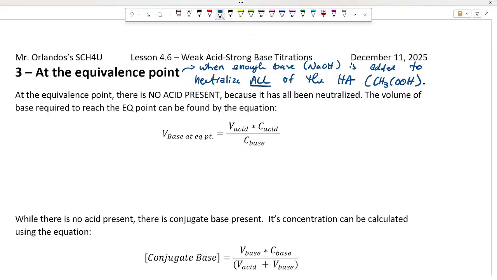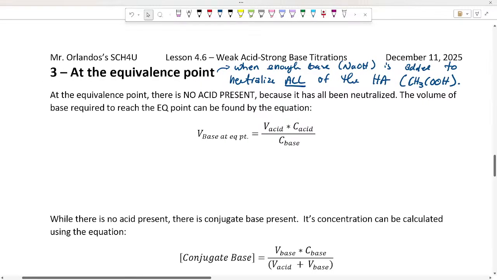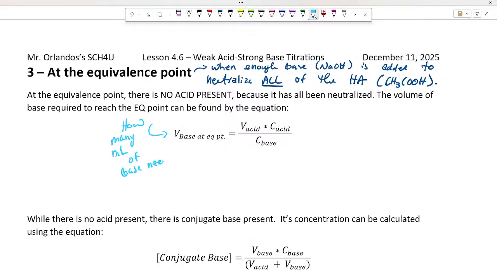So we're going to take the concentration of CH3COOH right down to 0. Does that make sense? Now, if we couldn't do in our head that that was going to happen at 20 mils, I've given a formula for that. Look at me. I gave you a formula to find how many mils of base needed for equivalence.